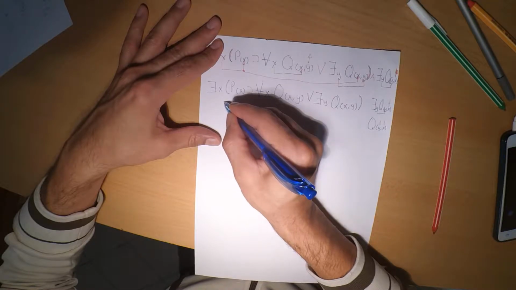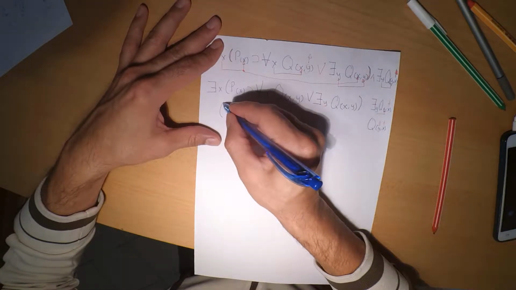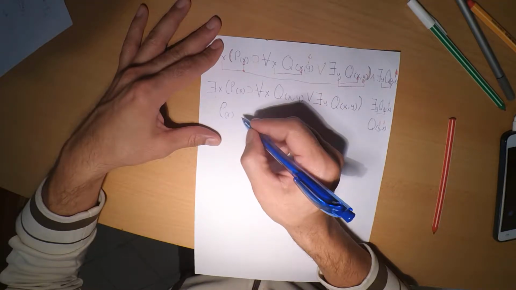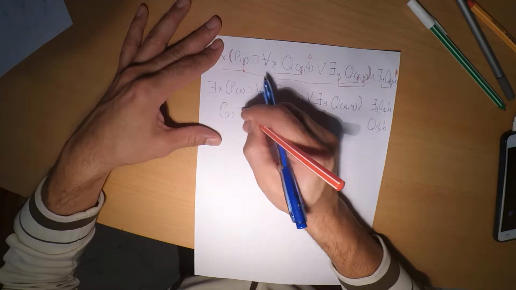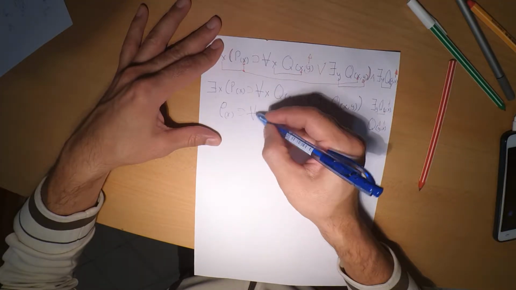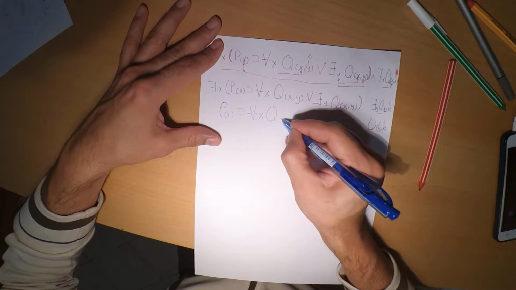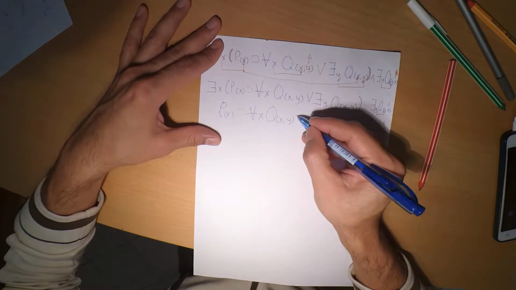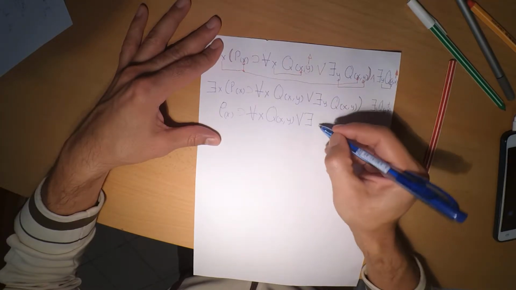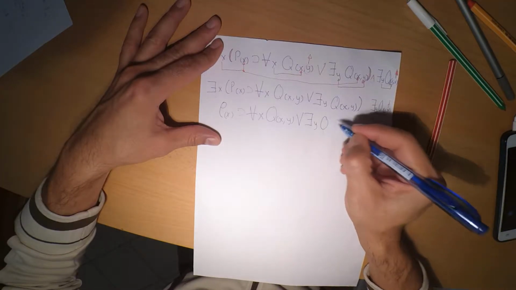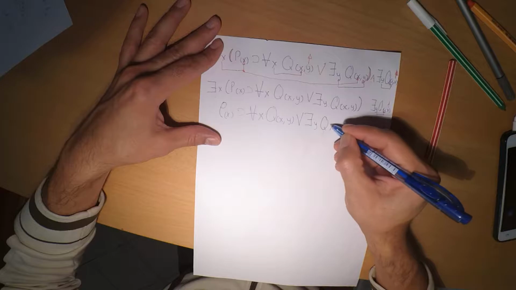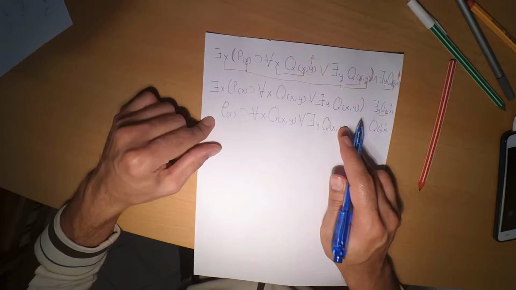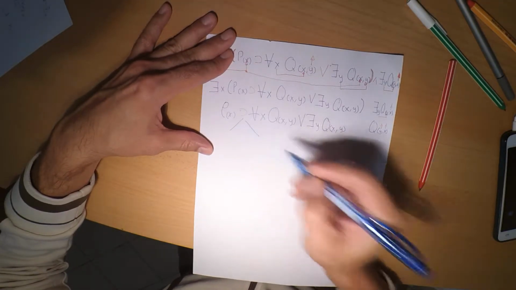We can say that here is going to be px, this implication all x q x y, and then the disjunction for existence y x y without the parentheses. That's really important.